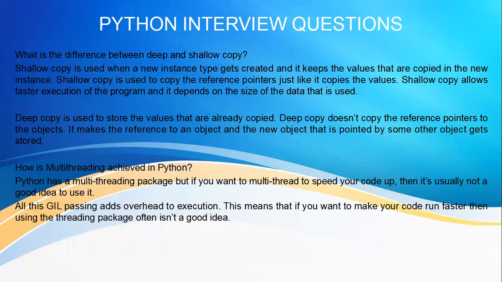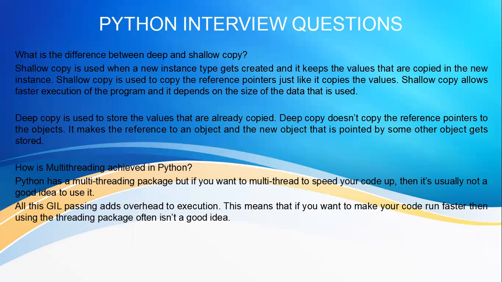The next question, what's the difference between deep copy and shallow copy? Now I'm just giving you the definitions. Later we will solve it with examples. Shallow copy is used when a new instance type gets created and it keeps the values that are copied in the new instance.